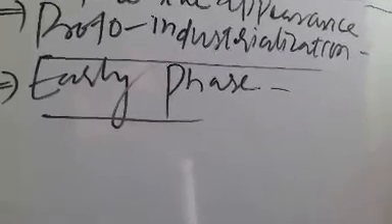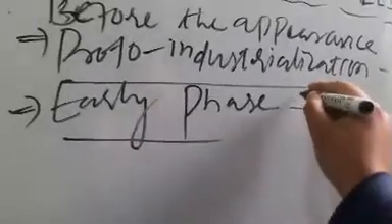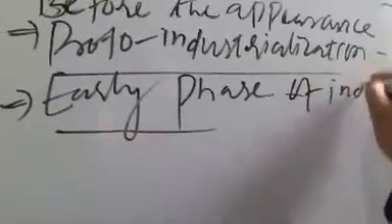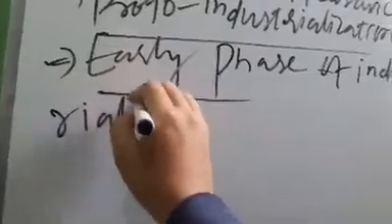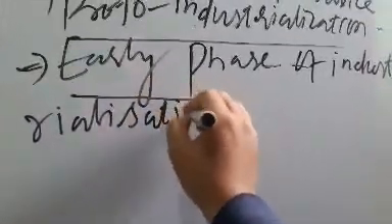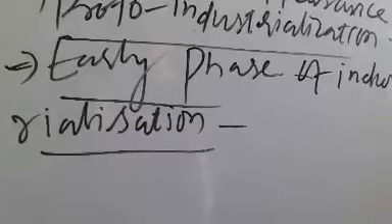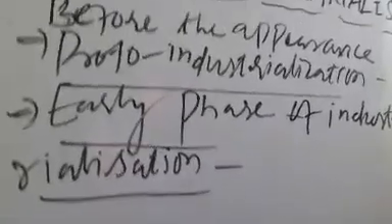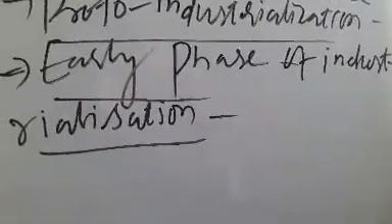That's why this phase is regarded by the historians as proto-industrialization. Proto means this is the early phase of industrialization, in which there were no industries, no factories, rather there were farms in which these workers were working. So this is an important thing about the industrialization process.